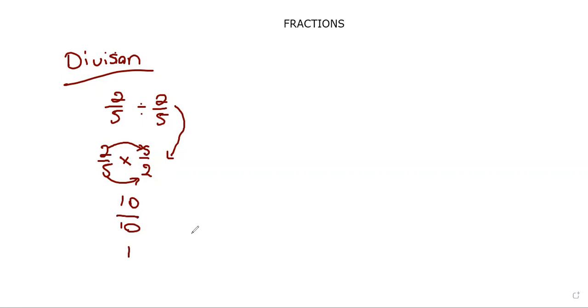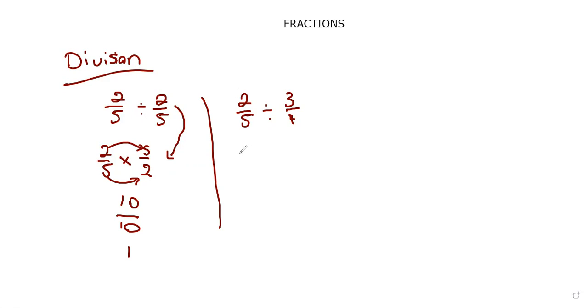Let's do the one that has different denominators. 2 over 5 divided by what? Let's make it 3 over 4.